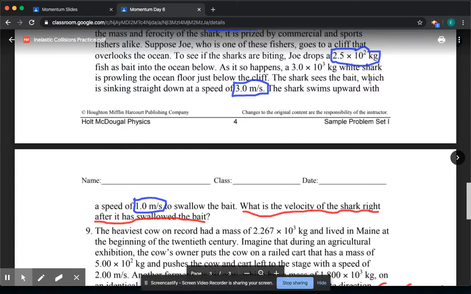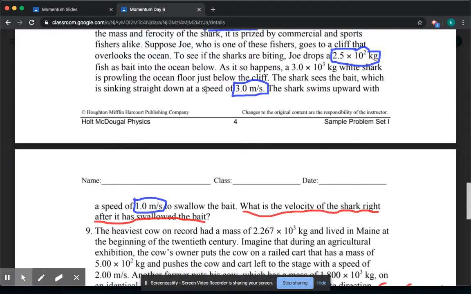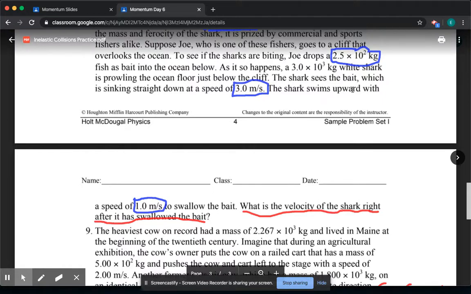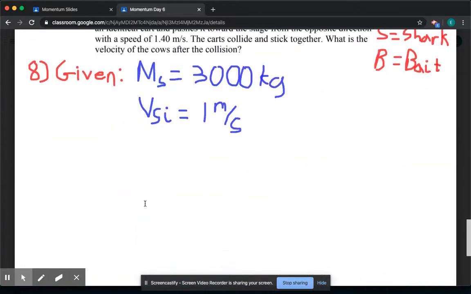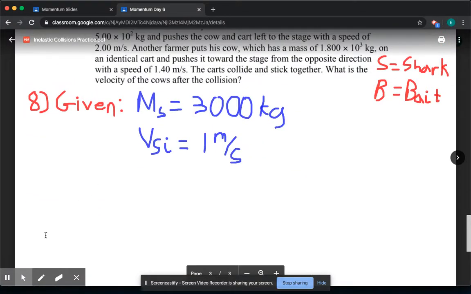The bait is falling where? It says the bait is sinking straight down. So the bait is going down. Remember, on graphs, we call down negative. The shark is swimming up. Because the shark is swimming up, we call that positive. So the shark has a velocity of +1.